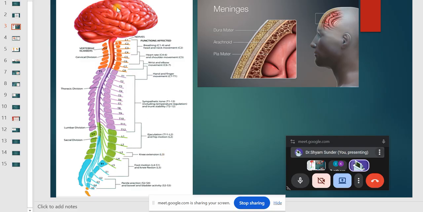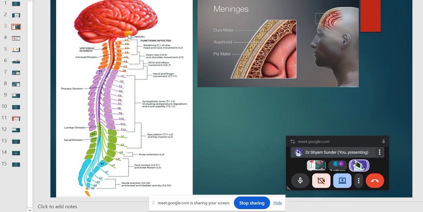So, in the brain we have the lobes: the frontal lobe, parietal lobe, temporal lobe, occipital lobe. There are other parts also. Inside the brain, we have the ventricles, which secrete cerebrospinal fluid.